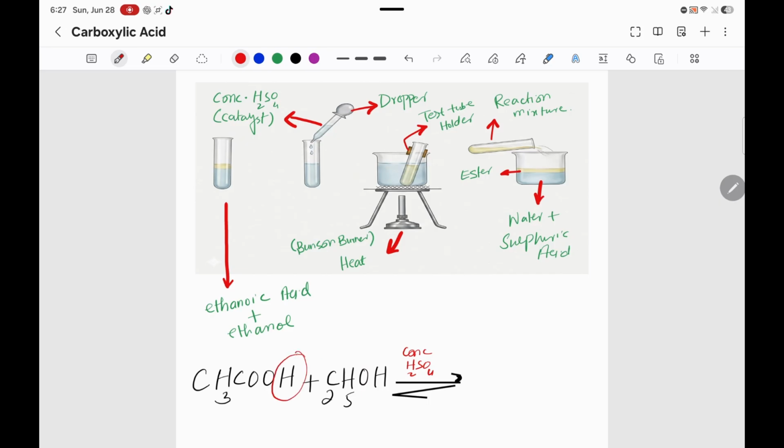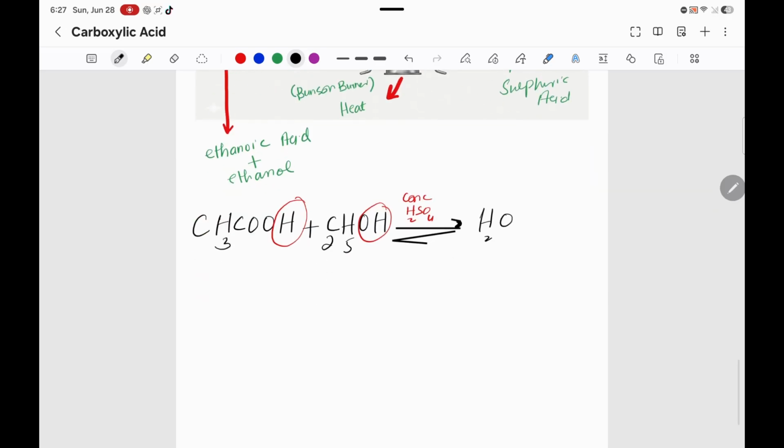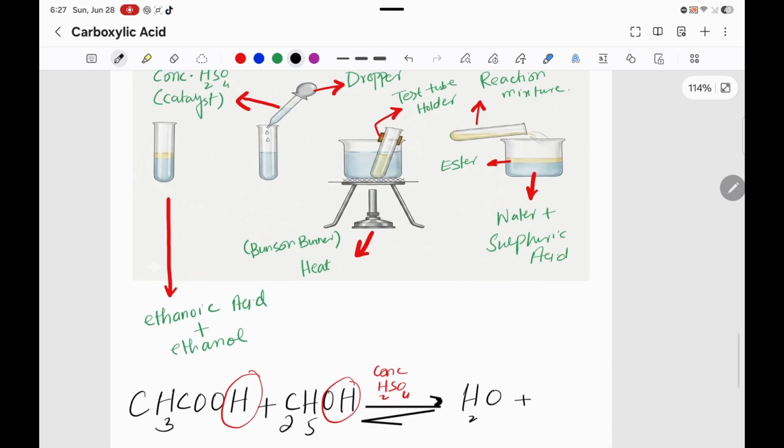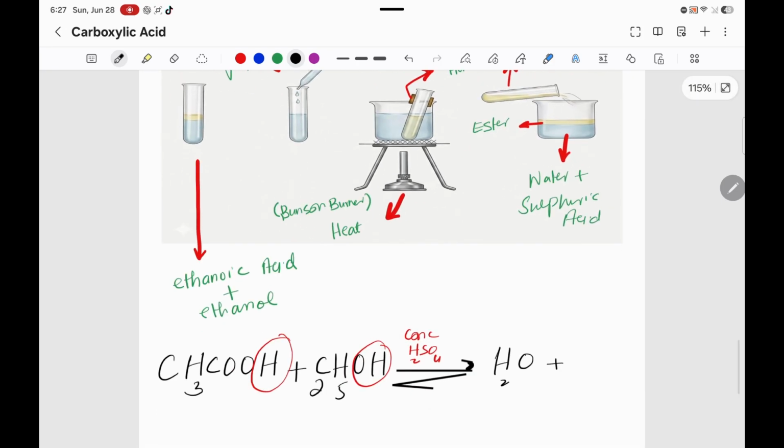This H will be removed from the acid and OH from the alcohol, and it will turn into water, which is being collected here at the bottom of the beaker. And the remaining thing, this whole thing, this is our ester.